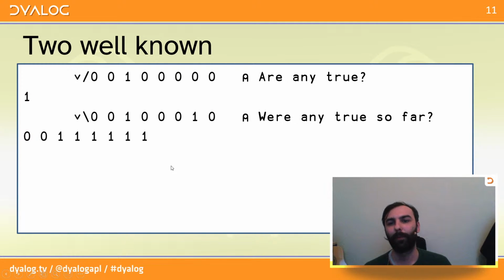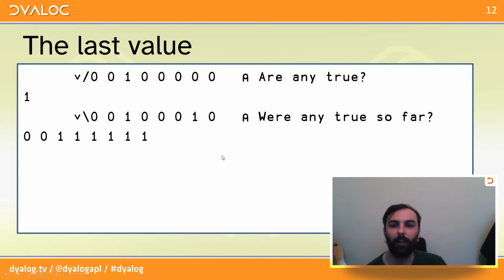Okay, but they're both quite well-known scans and reductions. Let's look at some less common ones. After I point out that, in general, the last value of a scan is the result of the related reduction, right? So this is true and starts to paint a picture of how closely these two things are related, which is kind of obvious, but I'm going to be laboring that point quite a lot today.